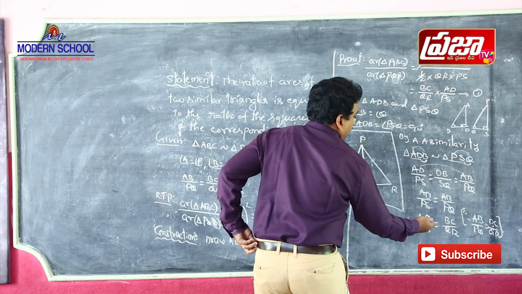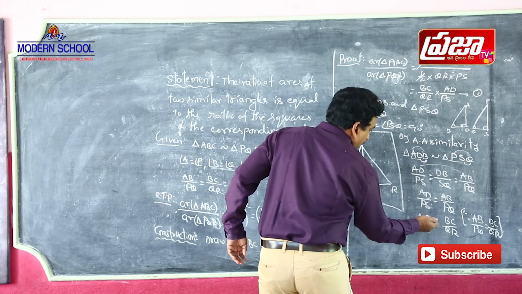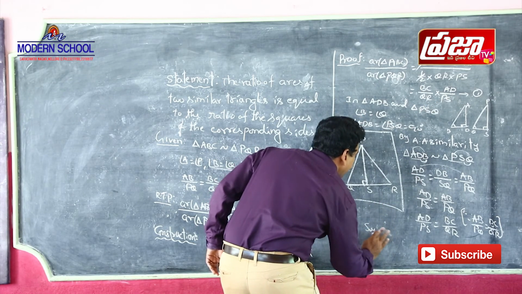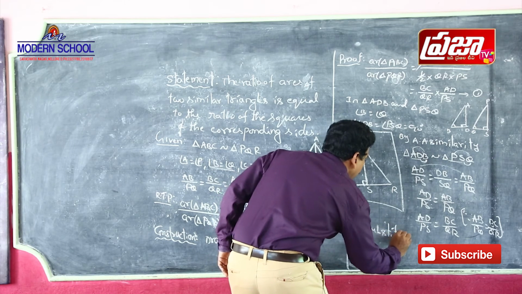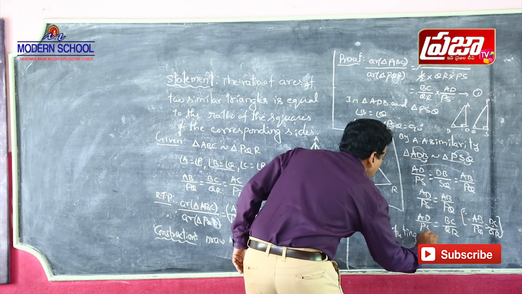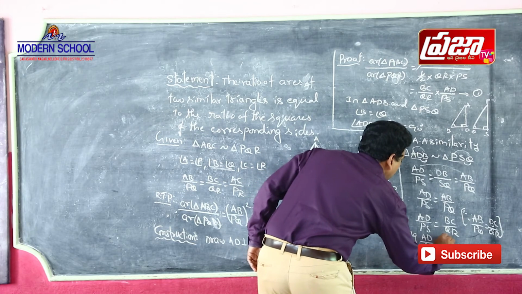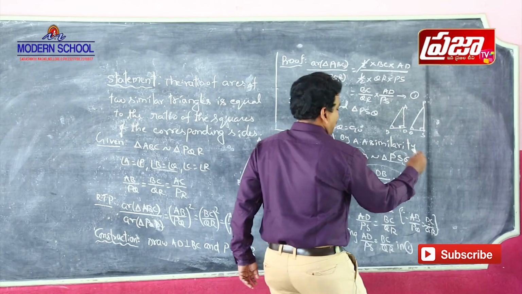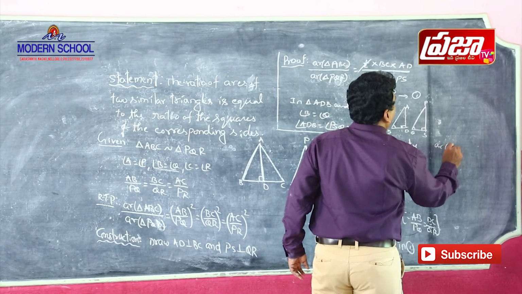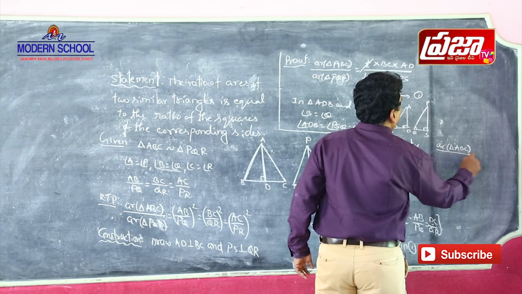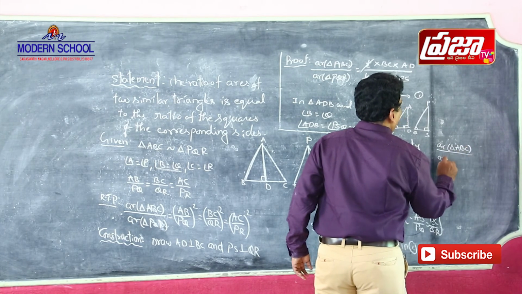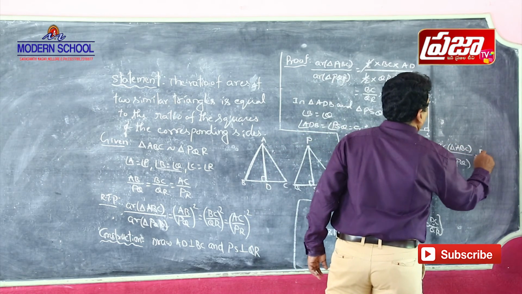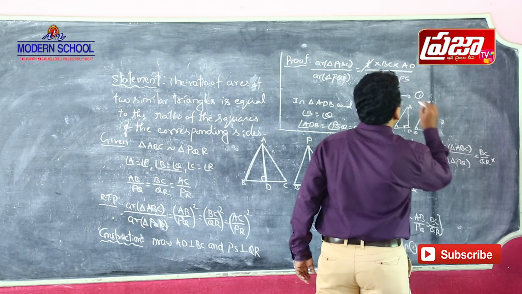Now substituting AD by PS equal to BC by QR in the first equation. Area of triangle ABC by area of triangle PQR is equal to BC by QR into AD by PS.